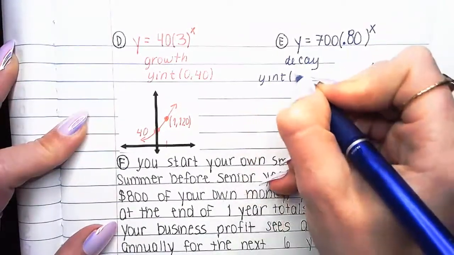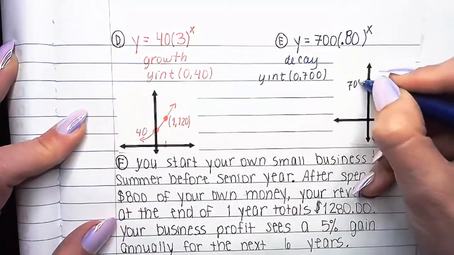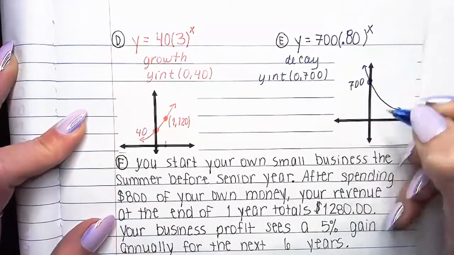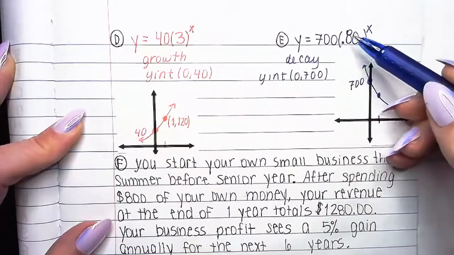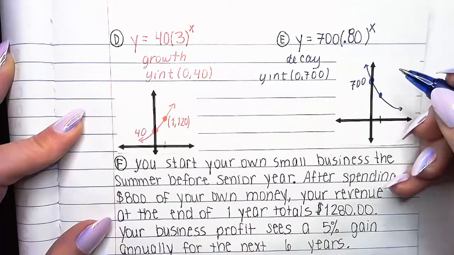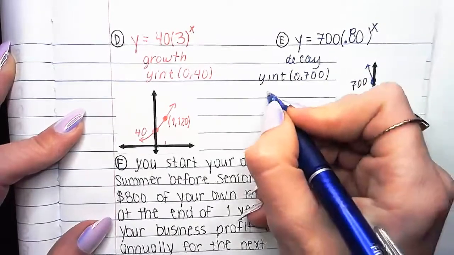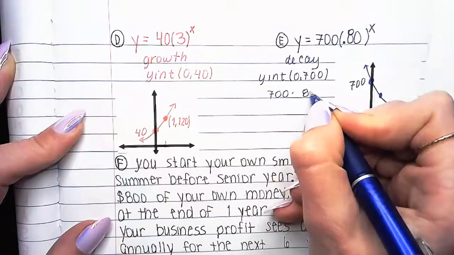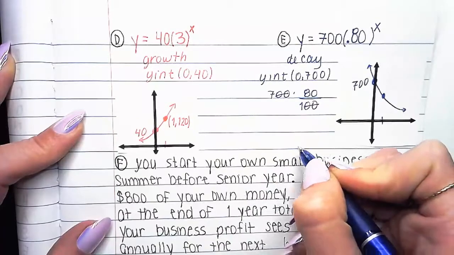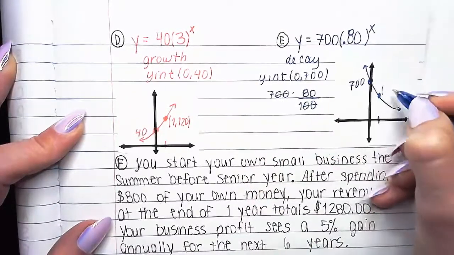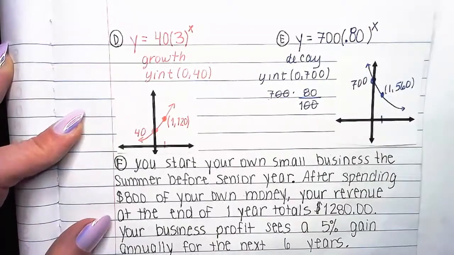Our y-intercept would be... here we're finding what percent of 700? We're finding 80%. One way to do this without a calculator is 700 times 80 over 100. Think smarter, not harder. And we'll get 1,560.